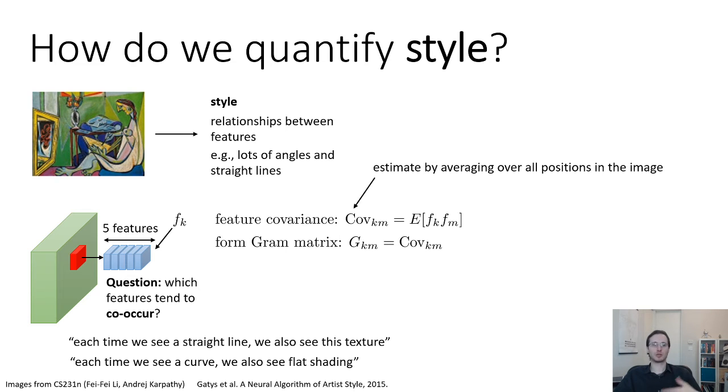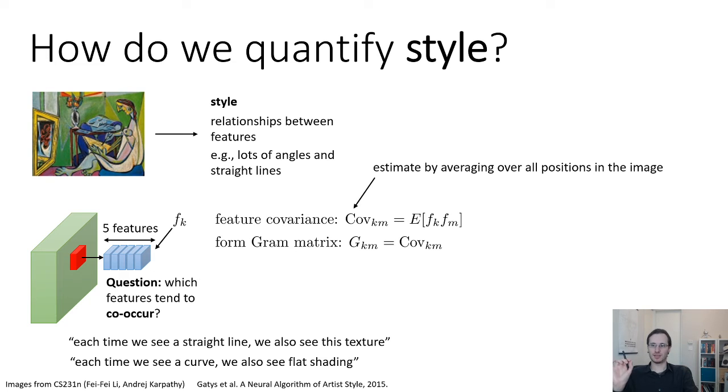Now you get one of these matrices for every layer. The dimensionality of the matrix is just the number of channels, so it's channels by channels. It's independent of the resolution of that activation map, because remember, you're averaging over all the XY positions.